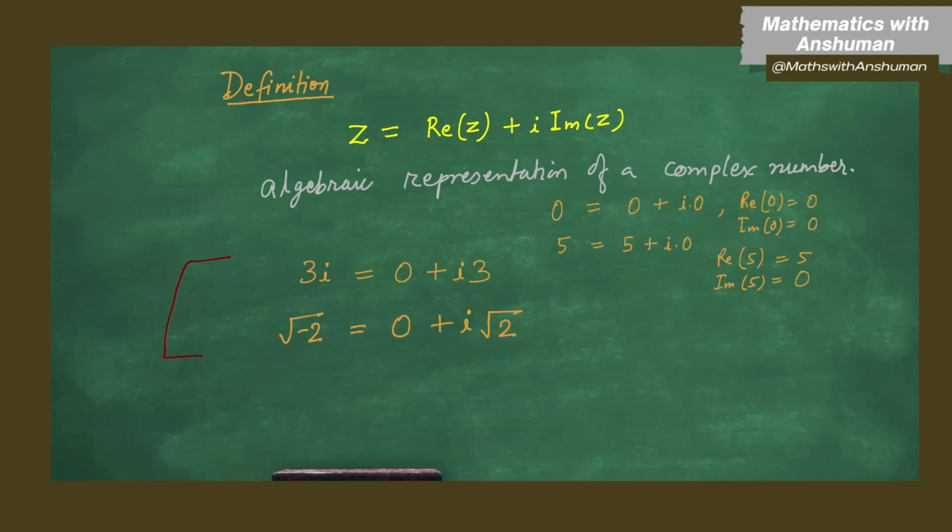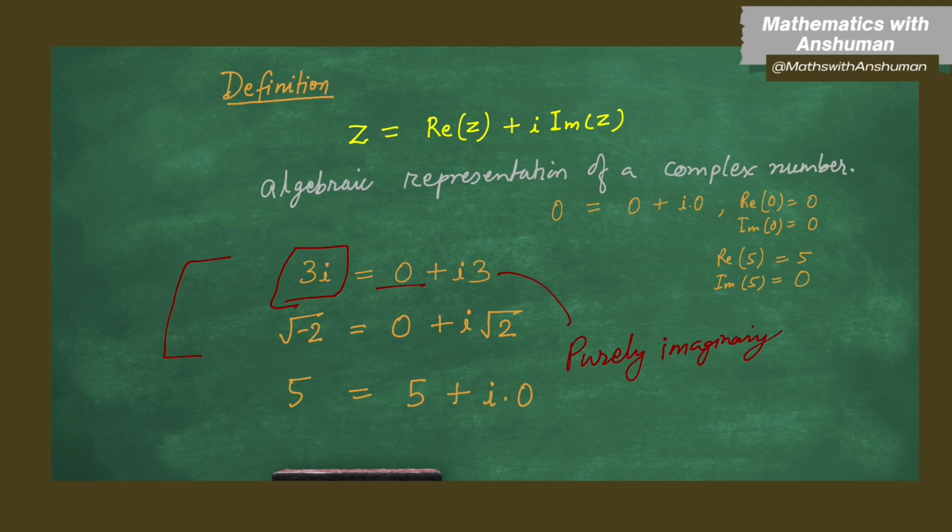In these examples, if the real part of the complex number is 0, then the number 3 iota is called purely imaginary. And in the numbers such as 5, where the imaginary part of this number is 0, we call these kind of numbers purely real.